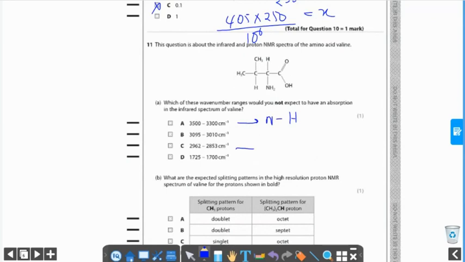The carboxylic OH is in this range, a little below 3,000. About 3,000 is the free OH, close to 3,500. This is the carbonyl. Check the data, carbonyl. So this is not found here. Not expected. The CH is close to 2,900 in that range. Of course, this can be even a CH. Yeah, you can check the data.